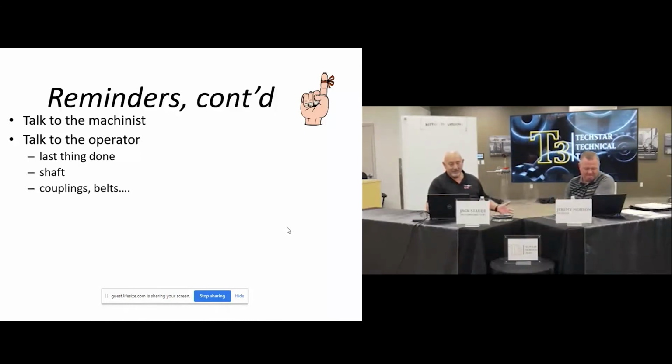You want to look at the shaft, the coupling, the belts. Has anything been done to them? Have they been changed out? I looked at a machine last week that had a gear coupling, and this machine never had a problem. They decided they were going to change the gear coupling out and put in a shim pack flexible coupling. Once they did that, they started having issues with the motor looking for its magnetic center.